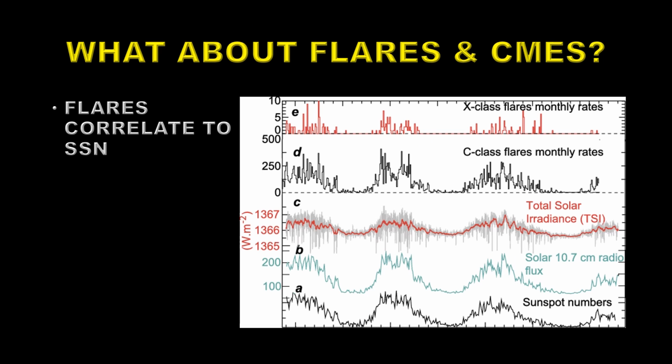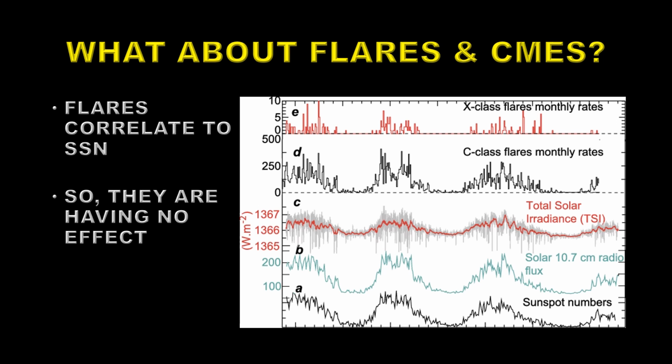But what about flares and CMEs? They're correlated to the sunspot number as well, as you can see from this plot. You have sunspot number along the base here, solar 10.7 radio emission just above it, total solar irradiance above that, and then we have number of C flares and X flares, and they occur mainly during solar maximum periods or periods of high solar activity.